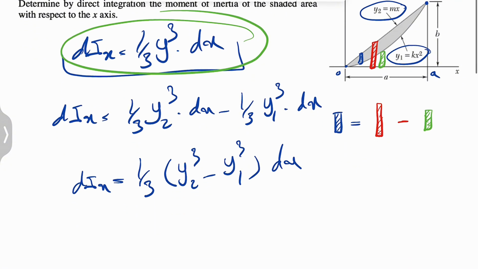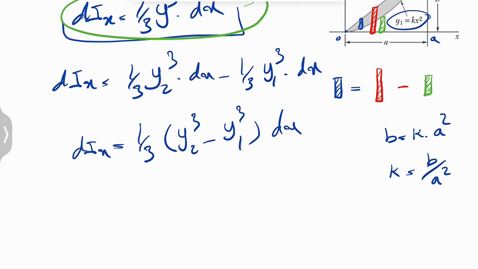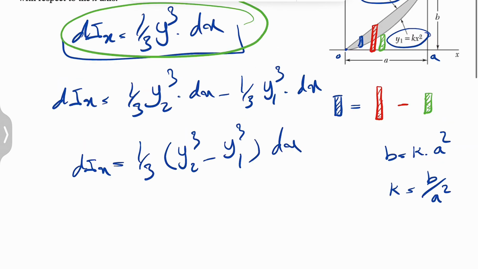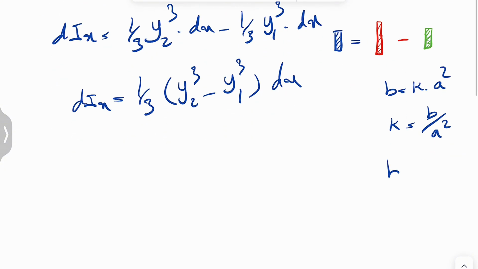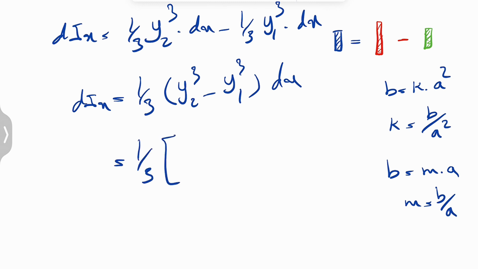So from the y1, b is equal to k times a squared, so k would be b over a squared. We're going to do the same thing for the second one, the y2: b is equal to m times x, which is a, so our m would be b over a. Let's put those in here.